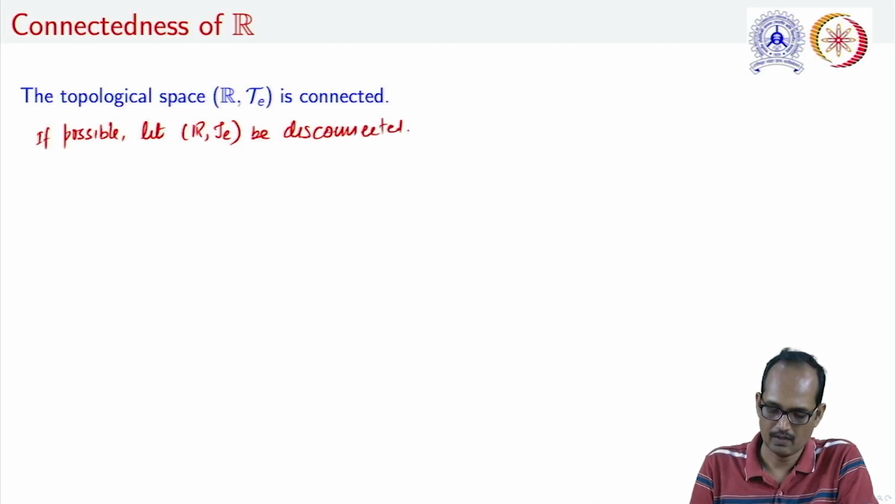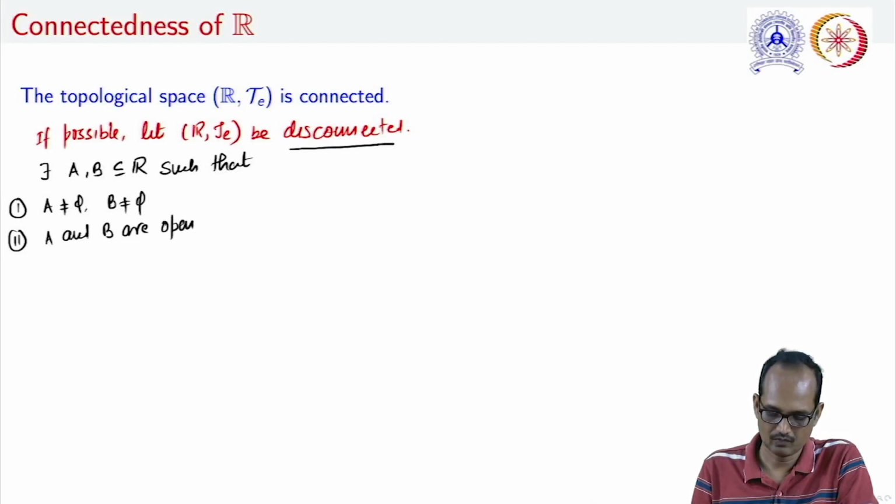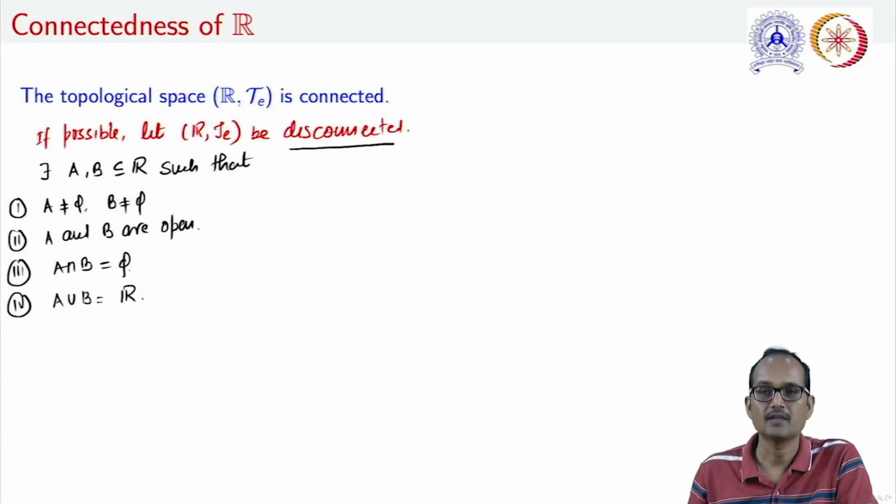Now, if it is disconnected, then by the definition of disconnectedness, there exist two subsets A and B of the set of real numbers such that these are non-empty, these A and B are open, they are also disjoint, and their union is the set of reals, that is R.